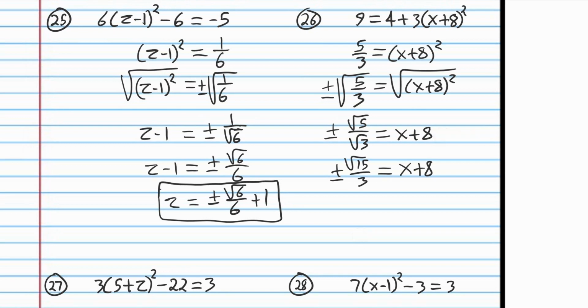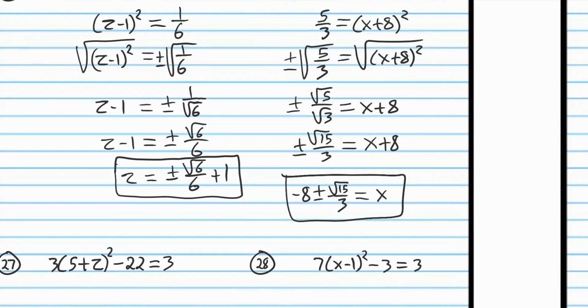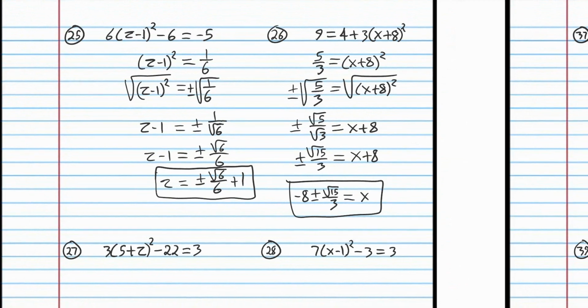And then we just subtract 8 from both sides and you're done. Again, the 8 can go on the left or the right of root 15 over 3. So if you got that answer, good job.